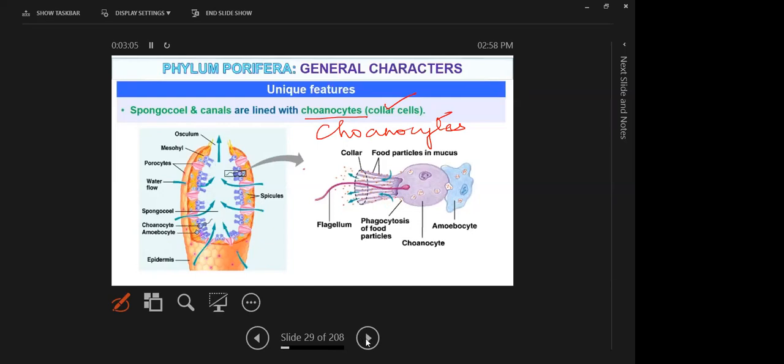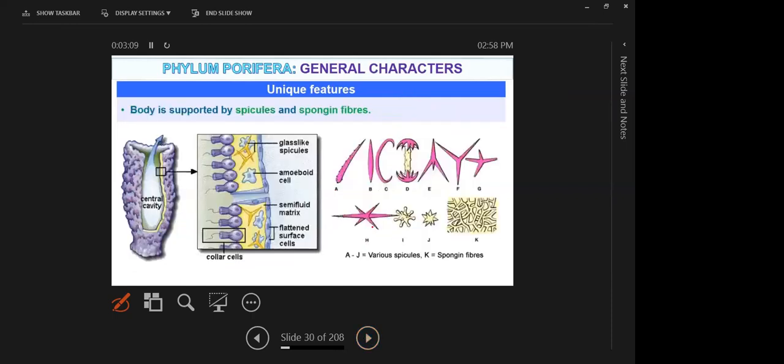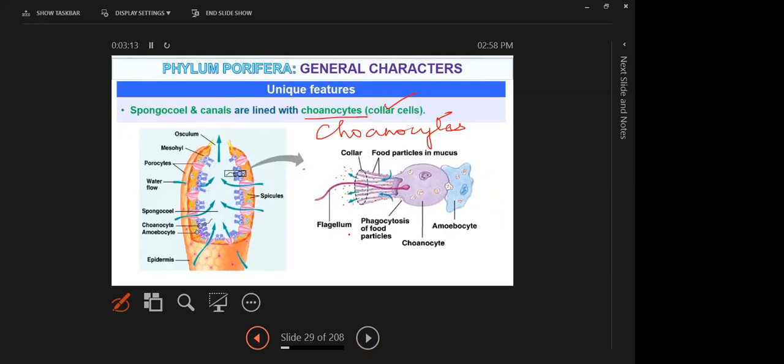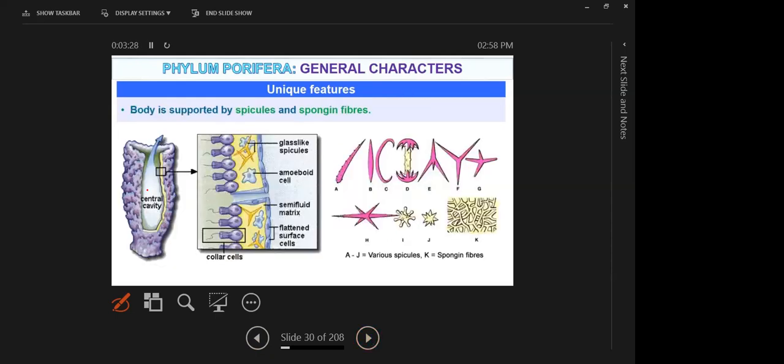These choanocytes help keep the water flowing within the place. So, collar cells. The body is supported by the skeleton.